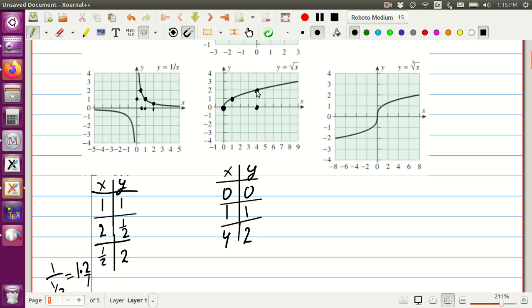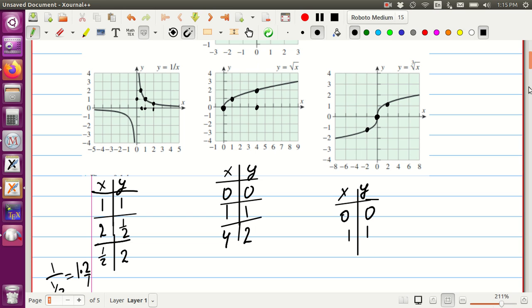And the last function that we have on this screen is cube root of x. So if we have x and y, if we use 0, cube root of 0 is 0. If we use 1, cube root of 1 is 1.